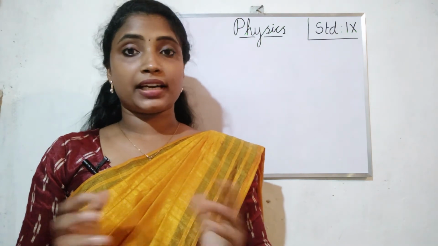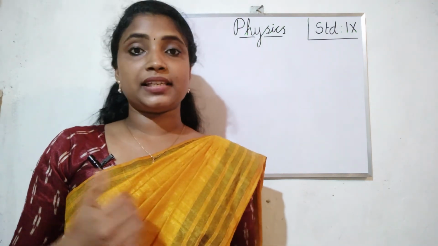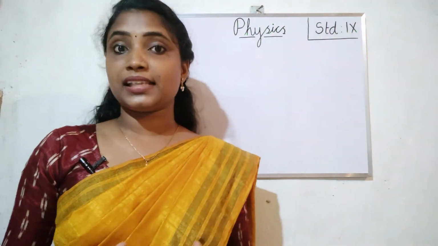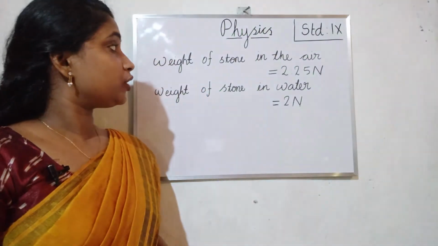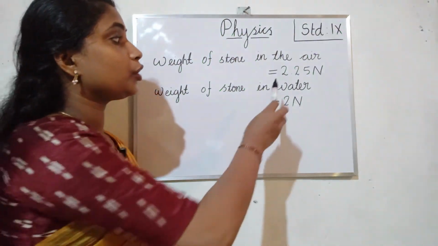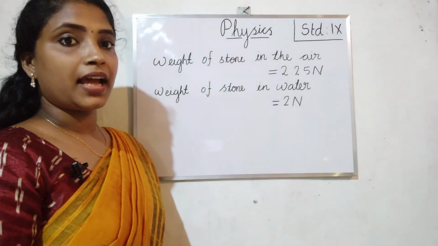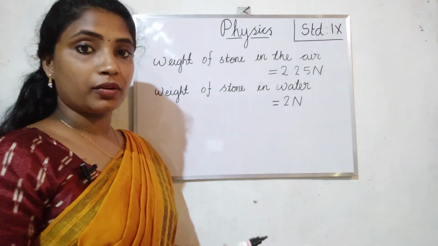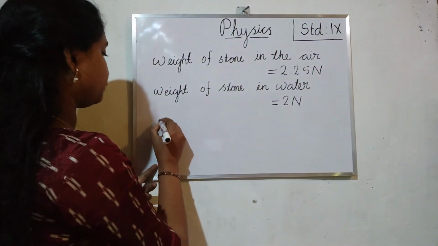Let's calculate the difference between the weight of the metal and the stone in the air and when immersed in the water. The weight of the stone in the air was 2.25 Newton and the weight of the stone in the water was 2 Newton. So let's calculate the weight difference.